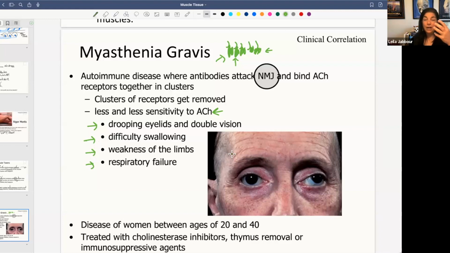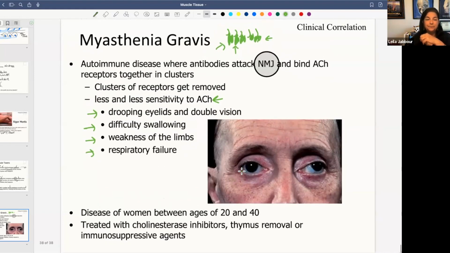So if a physician, hopefully you in the future, can see these signs of myasthenia gravis and catch it early, there are certain treatments that are available now, with cholinesterase inhibitors, basically to increase the availability of acetylcholine in the synaptic cleft there at the neuromuscular junction, or thymus removal to diminish the number of antibodies produced, or literally giving immunosuppressive agents to calm down the immune system, because this is an autoimmune disease, so it's your own immune system that's creating this problem that doesn't exist.